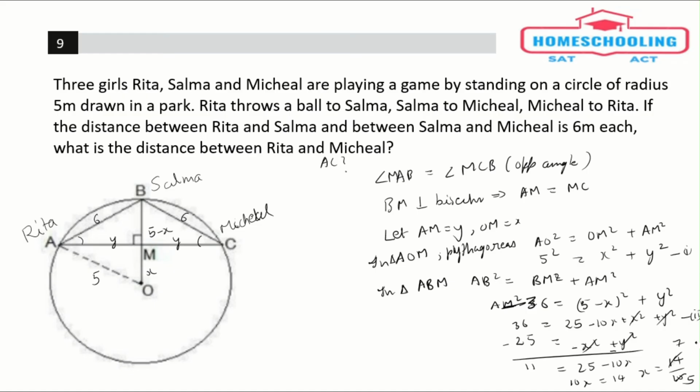Hence x is equal to 7 by 5. Now if we put this one in equation 1, 5 square, 25, is equal to x square, 49 by 25, plus y square. So if we take this one to this side, 625 minus 49 by 25 is equal to y square. Let me solve this on a calculator.